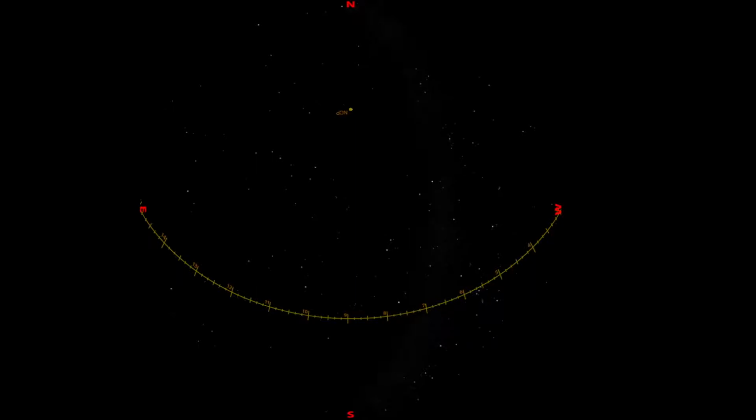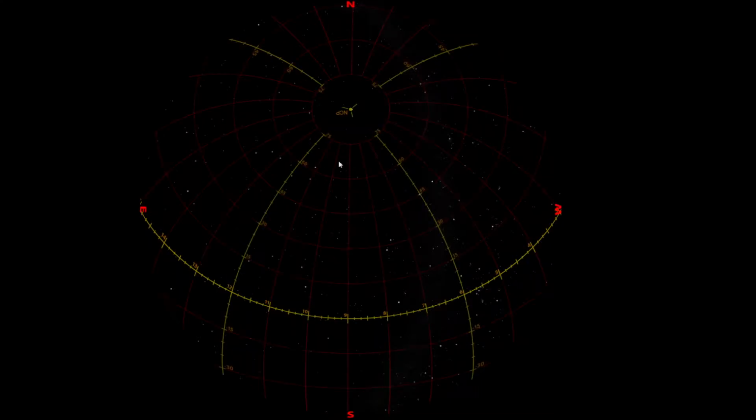All right. And we have latitude lines that are parallel to the equator on Earth, and in the sky we get something called declination lines that are parallel to the celestial equator. And so I'll put those up as well as what we call right ascension lines, which are lines that go perpendicular to the equator in the sky.